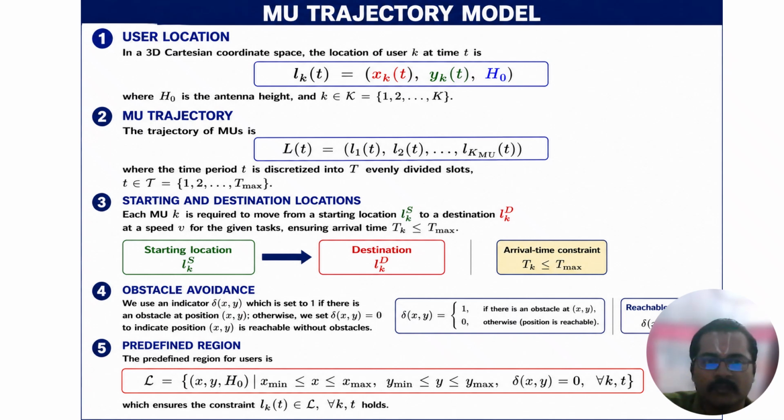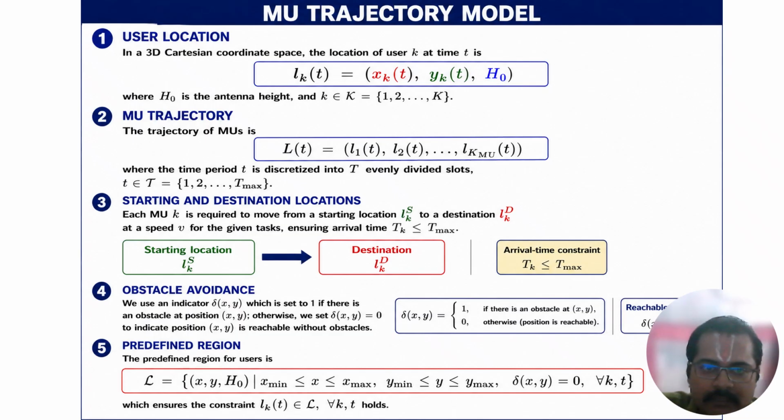There are two types of users: x_k, y_k at time t, and also the antenna height, the height of the antenna on the autonomous mobile robot. The MU trajectory of user k at time t. So we have K_MU mobile users and K_S static users.